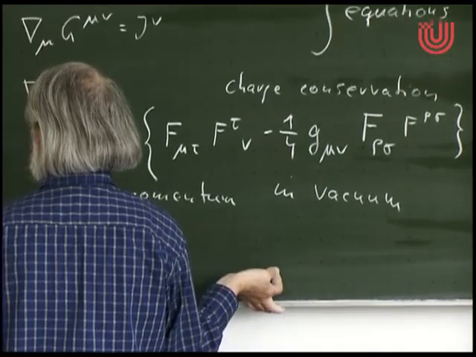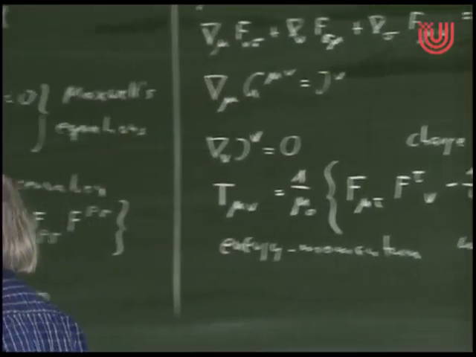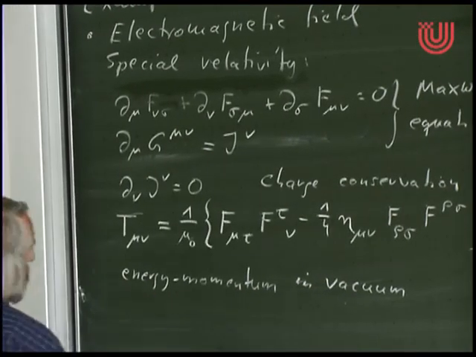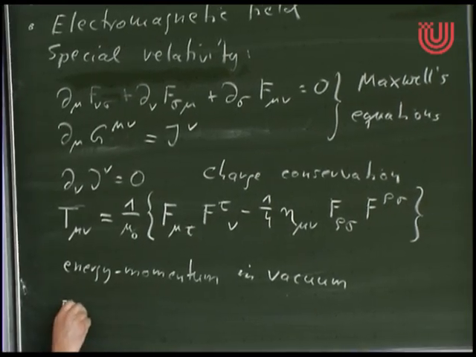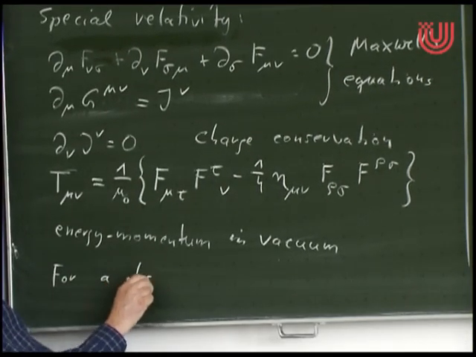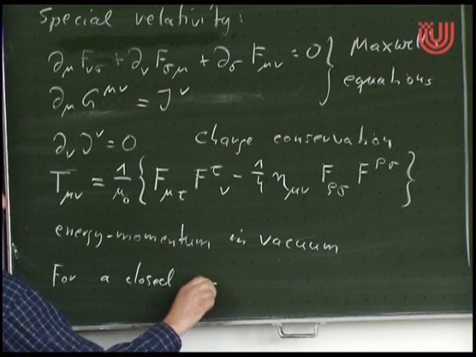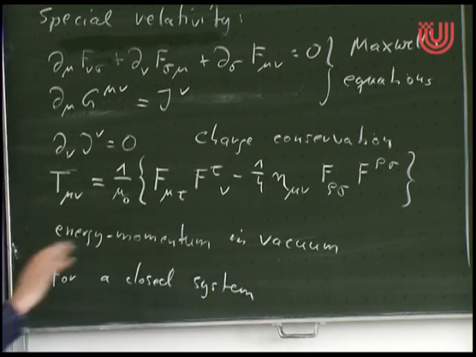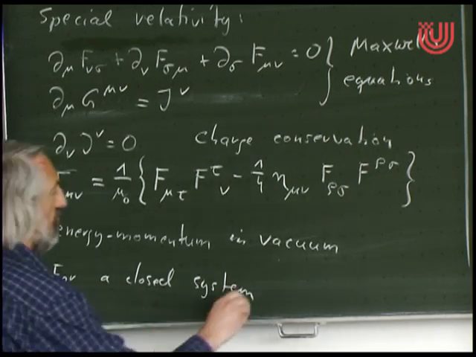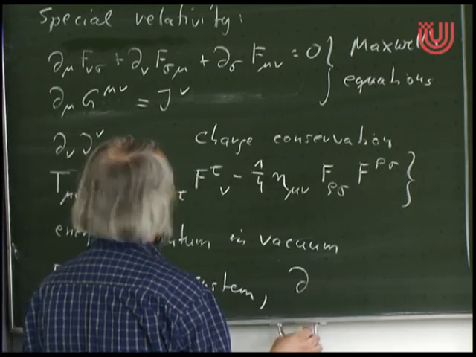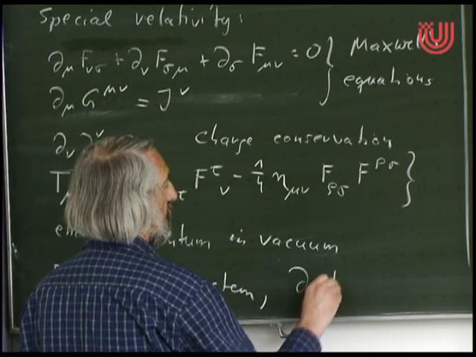And maybe I should mention here also that we had for a closed system, this means if the electromagnetic field doesn't interact with anything else, so there are no sources, no forces acting from outside, there's only this electromagnetic field in the world, then we would call it a closed system, and then we had this conservation law, and we write it in this way.